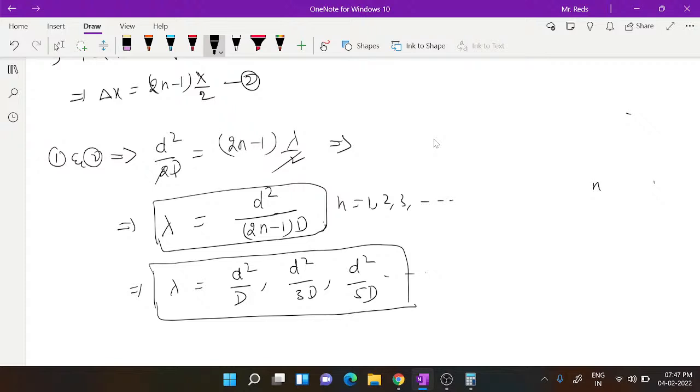Present fringes are expressed the other way, by taking this path difference equal to n lambda, so the reciprocal of even multiples of d square by d. That's it.